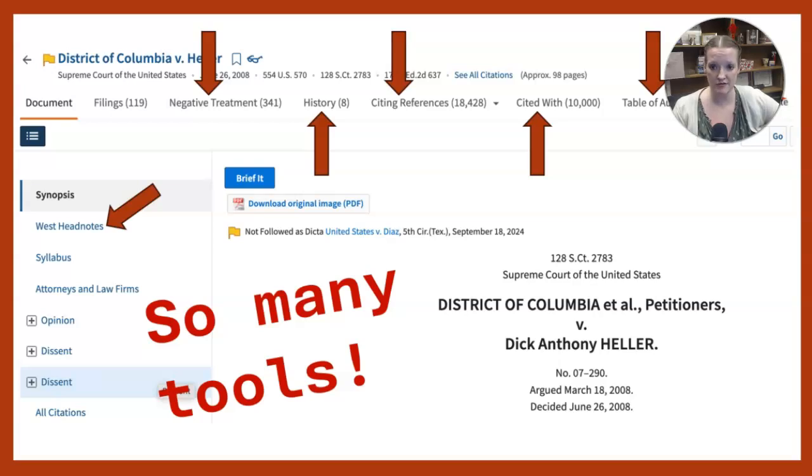And we see our citing references. As we've talked about, our citing references are sources. It could be case law, codified law, secondary sources, all types of sources that are citing our source here, which is DC versus Heller. Cited with would point us to cases that are cited alongside our case here. And then table of authorities are the sources that are relied on, that are cited by DC versus Heller here.